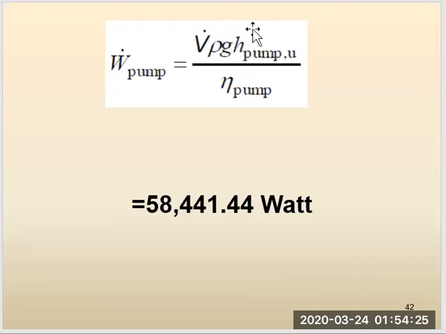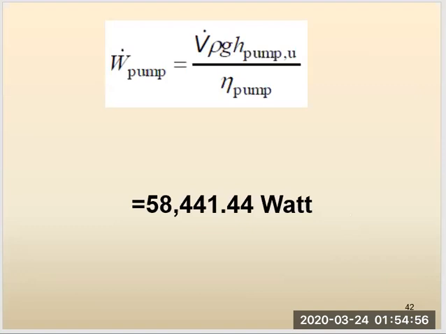This part, rho g h, gives me a pressure unit. When I multiply it by the volumetric flow rate, it gives me a power unit. But also the problem statement says the pump has a certain efficiency. So I need to divide it by the efficiency of the pump. And this would be the pumping power requirement for this piping system.